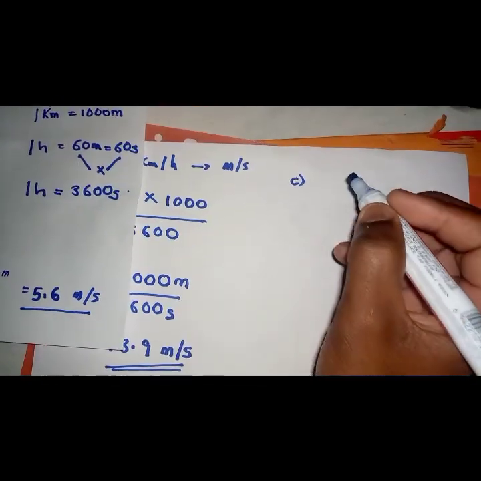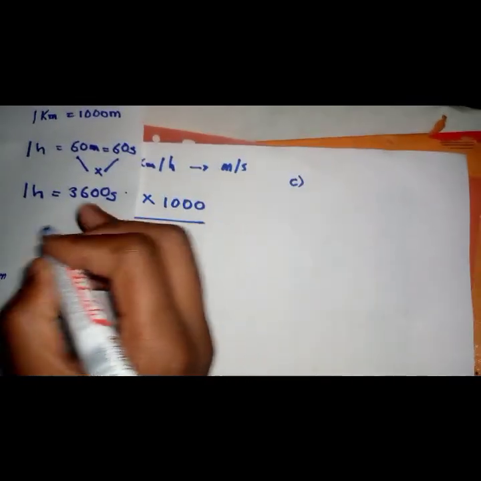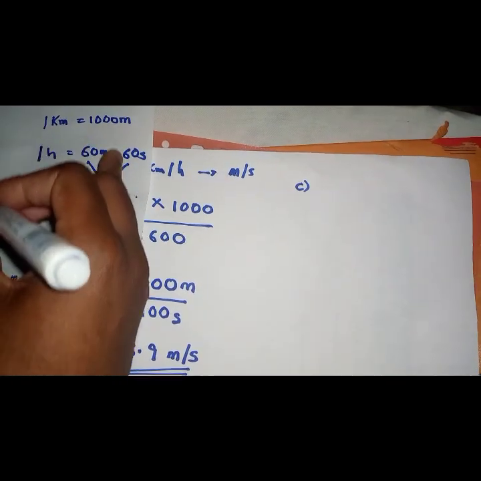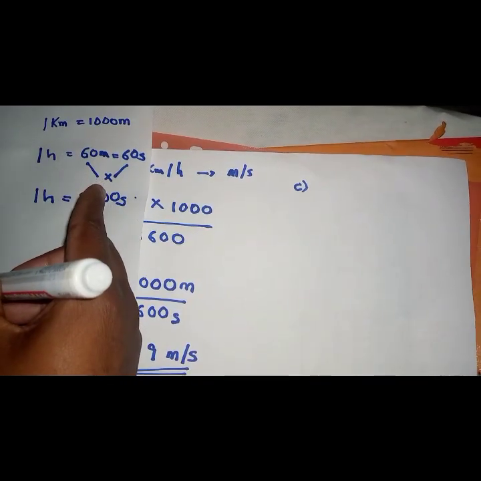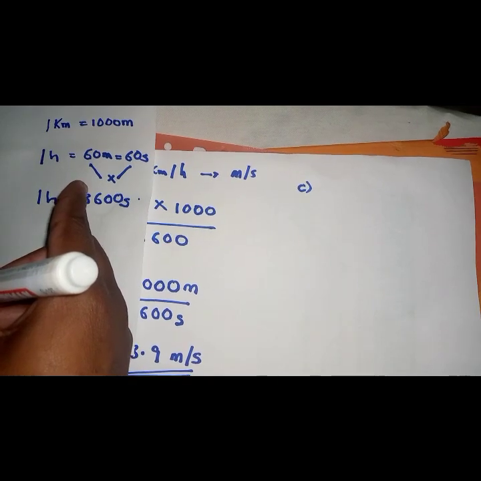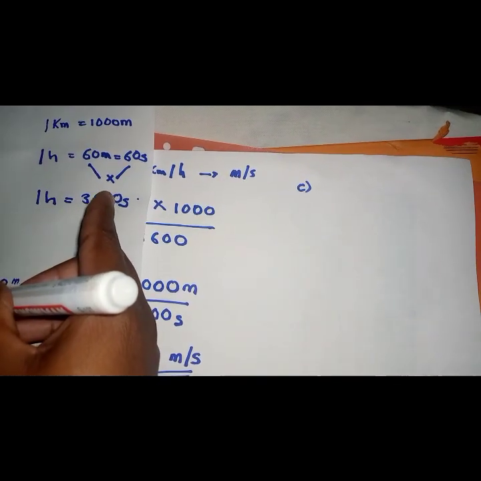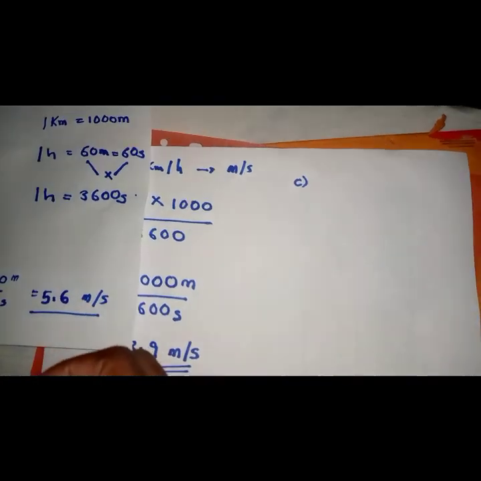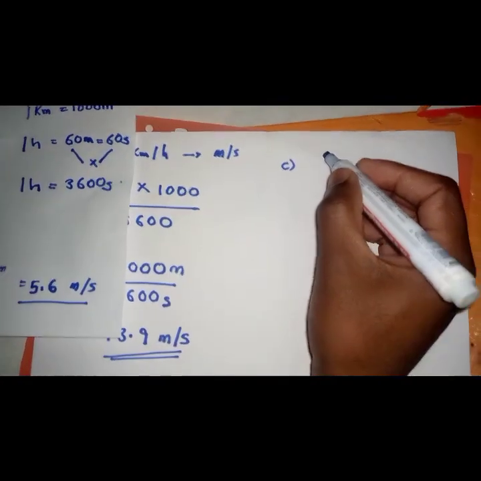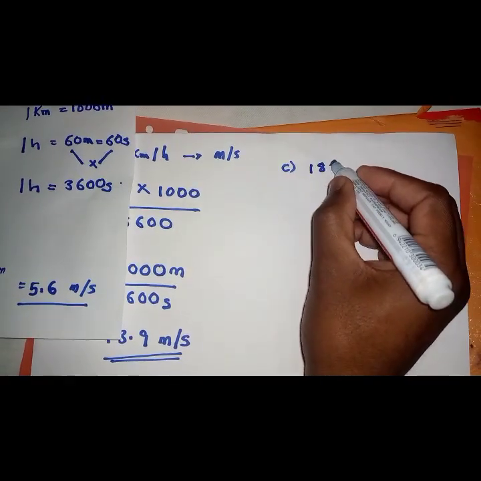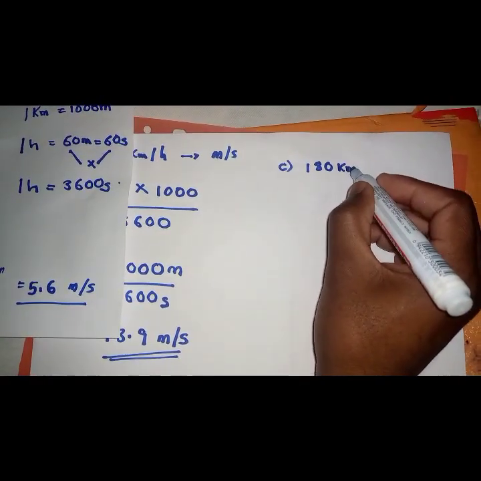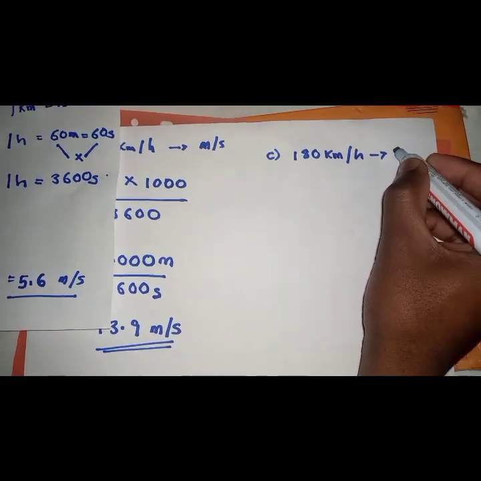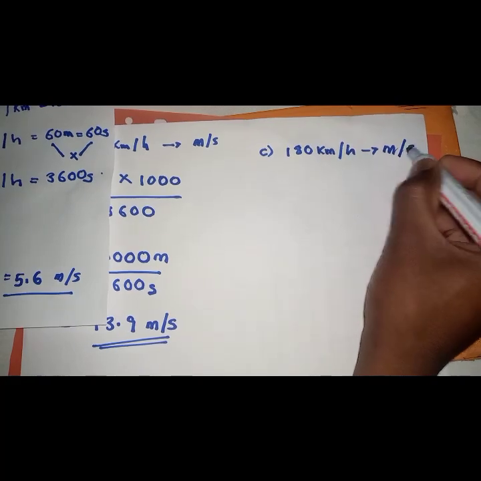Okay, so we still have to remember our converting factors. Very important. We cannot do anything if we don't know this information here. 1 kilometer is equal to 1,000 meters, and in 1 hour we have 3,600 seconds. So we have 180 kilometers covered in 1 hour. We want to see how many meters are covered in 1 second.